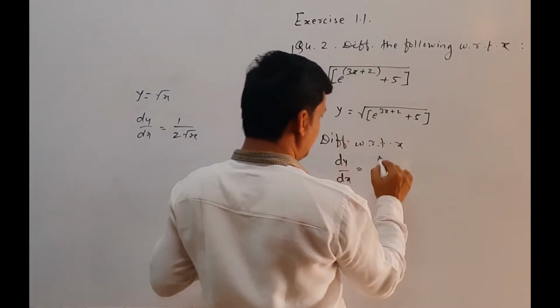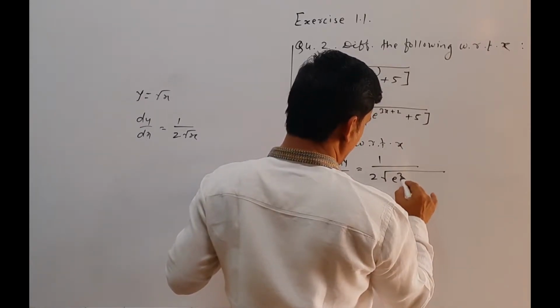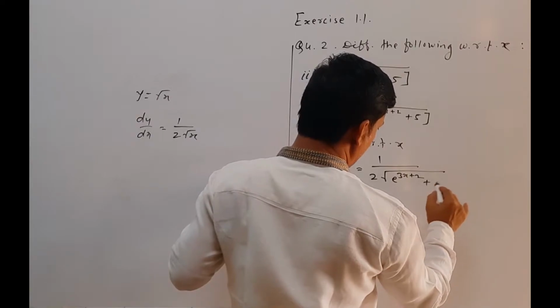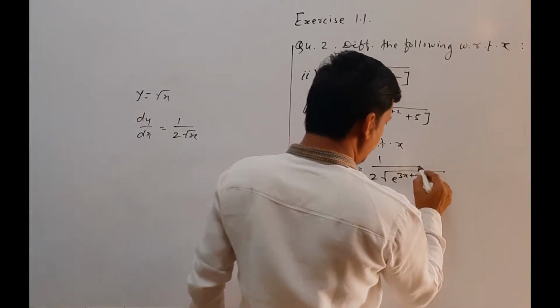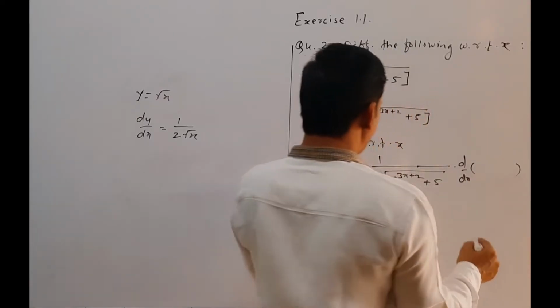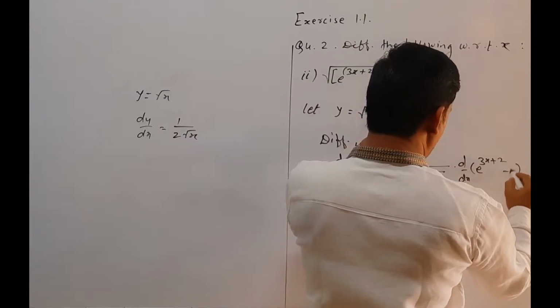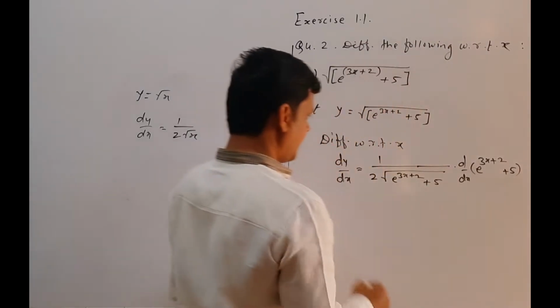Then the derivative of root is 1 upon 2 root. So we write e raised to the power 3x plus 2 plus 5 in the root. Then we have to write the derivative of the value in the root. So here the value is e raised to the power 3x plus 2 plus 5.